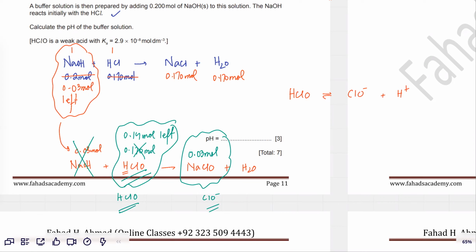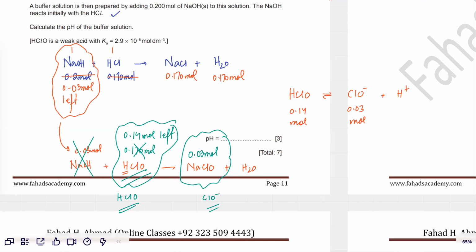These are how many moles? These are 0.03 moles, right? Coming from the salt, which is NaClO. So 0.03 moles, and the leftover acid is 0.14 moles. So your solution contains 0.14 moles of this.